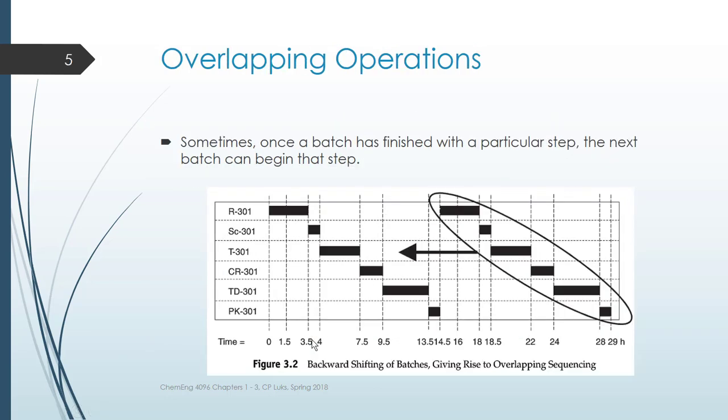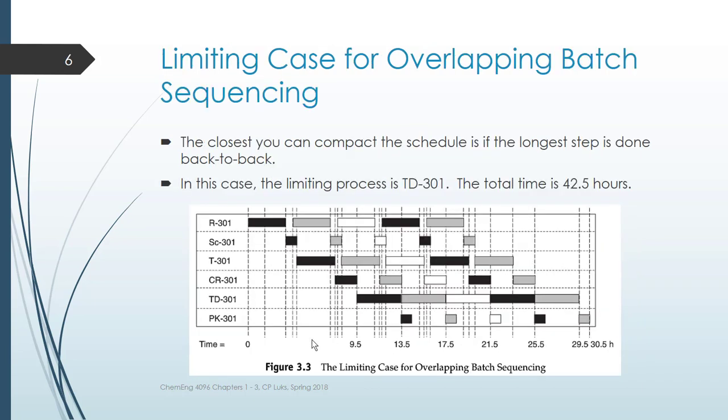So we can overlap our operations. And we can slide this entire picture back until we finally get one of these diagrams that just touches. And in this particular case, our longest step becomes the problem here.